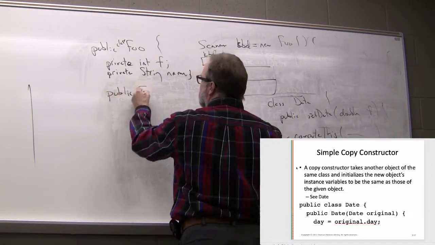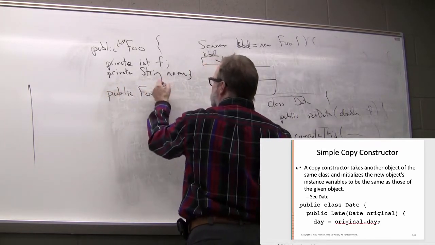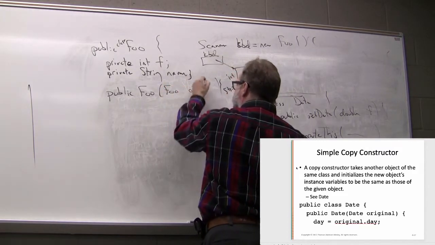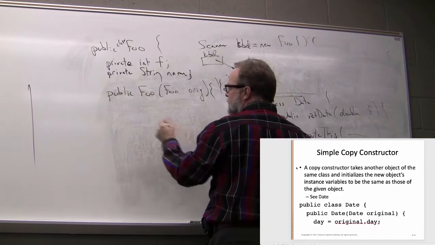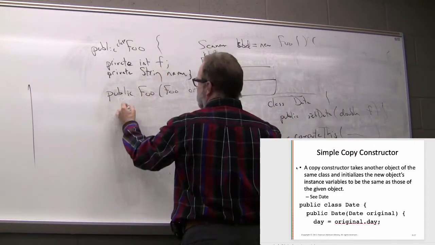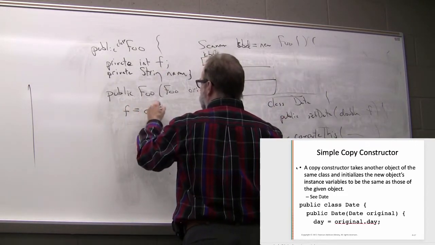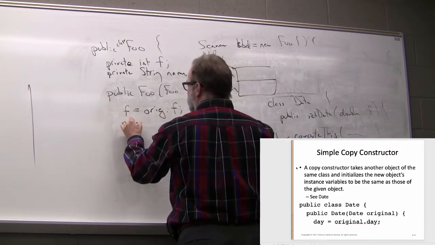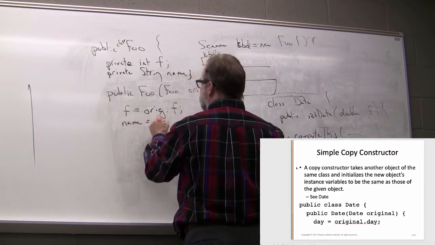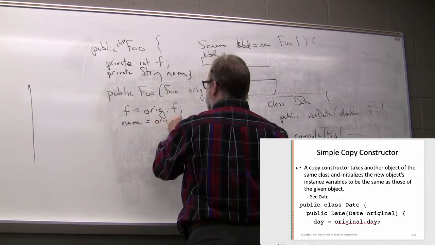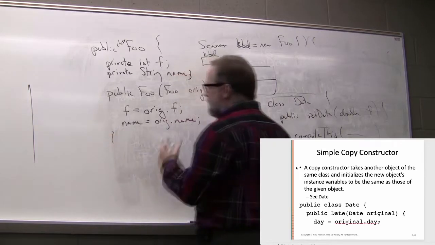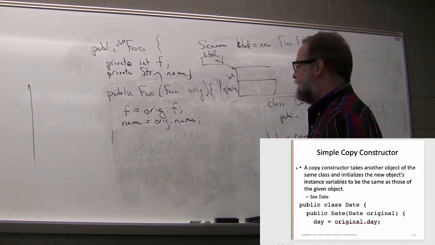Public foo has to take another foo object. I'll just call it orig. Then I could say f gets orig.f and name gets orig.name. So constructors usually look like that.